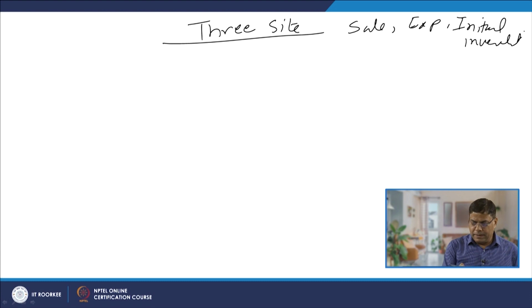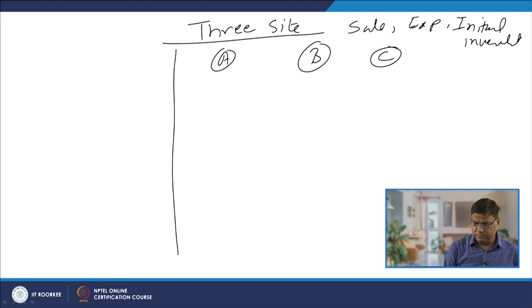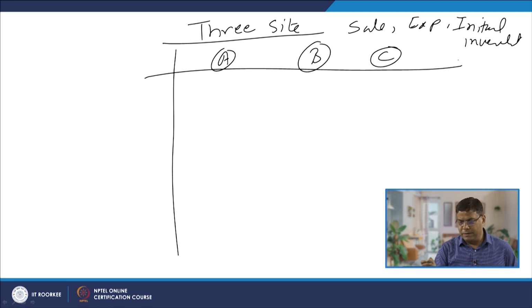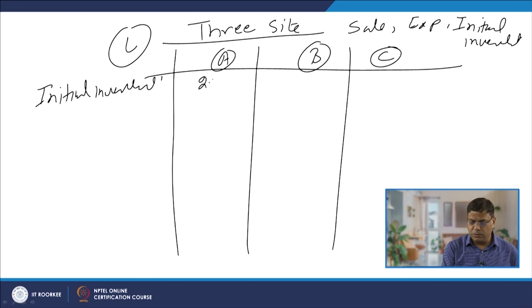Let us say site A, site B and site C. The initial investment in all these cases is the same, the amount is in lakhs: 2.0, 2.0 and 2.0.